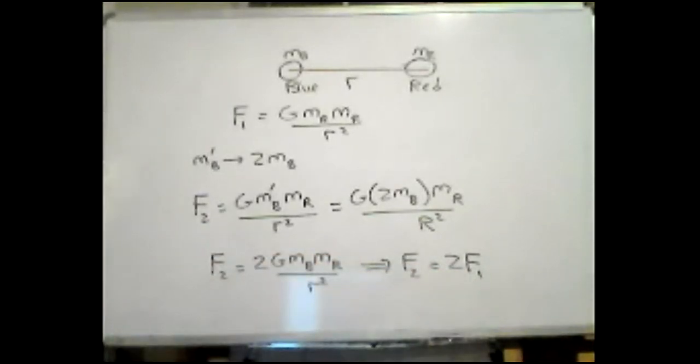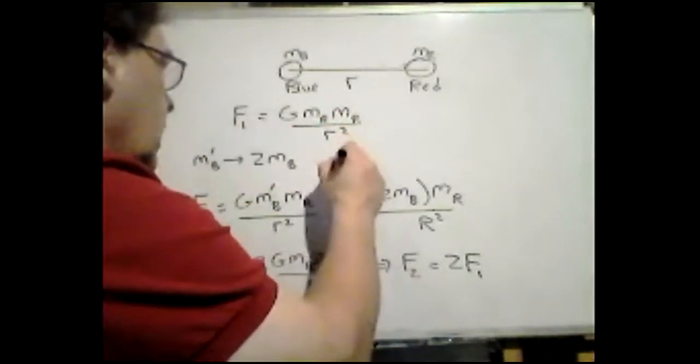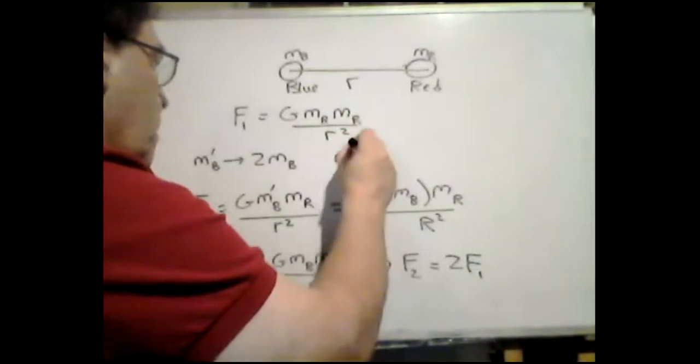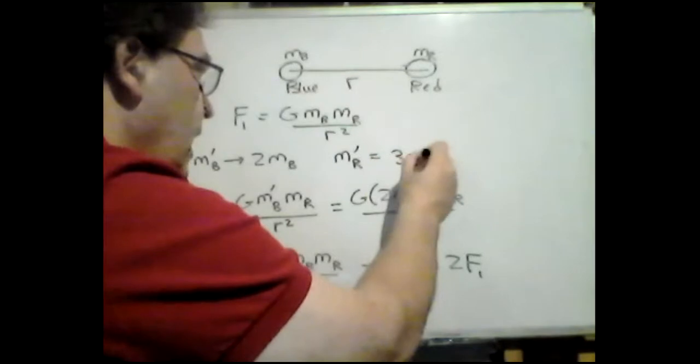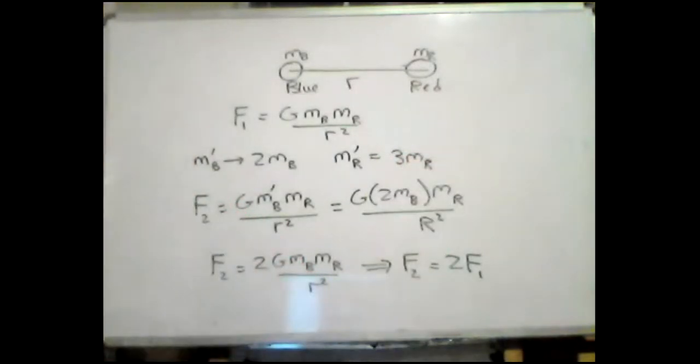What it wants you to do now is the problem again, but now you're going to consider an M sub R prime equaling 3 M sub R. Now you have M sub B prime, now you have M sub R prime.